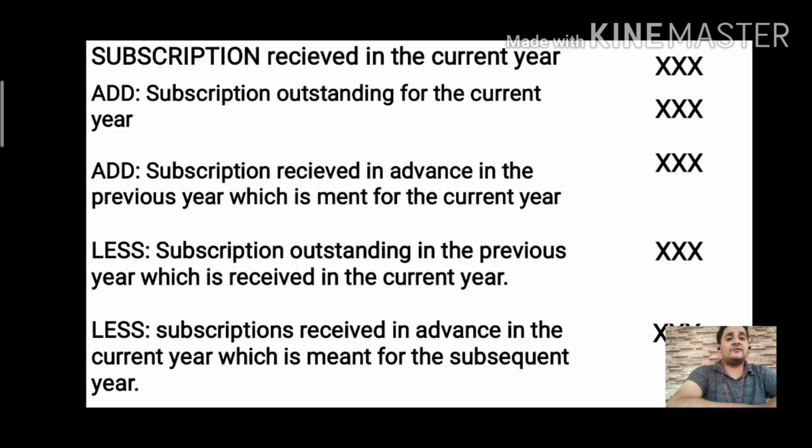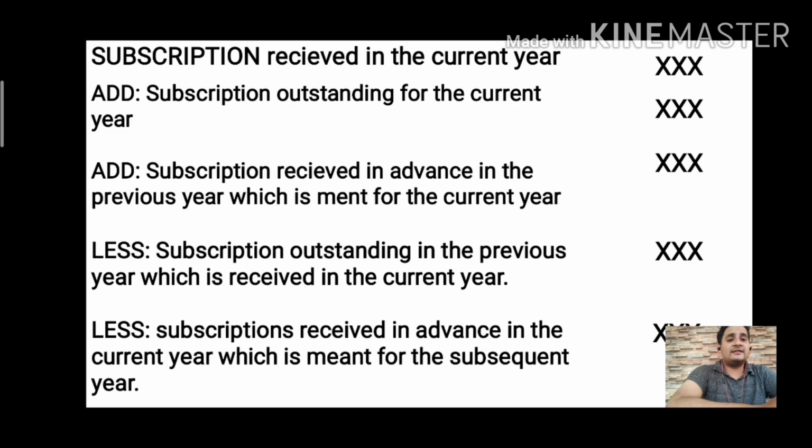Next, subscription outstanding in the previous year: the 2018 subscription you receive in 2019, then that amount will be deducted from the subscription received in the current year. Understood? If the 2018 subscription is received in 2019, that amount will be deducted.